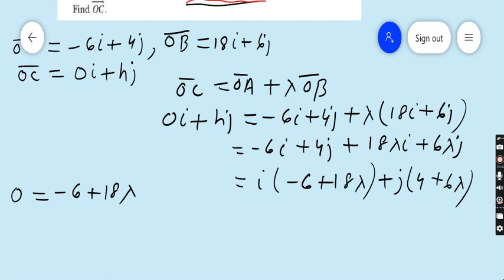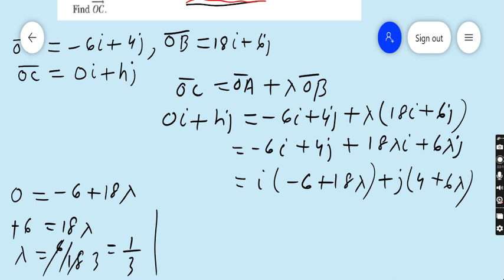So 0 is equals to minus 6 plus 18 lambda, so 6 is equals to 18 lambda, and lambda is equals to 6 upon 18, 1 upon 3. The value of lambda is 1 upon 3.